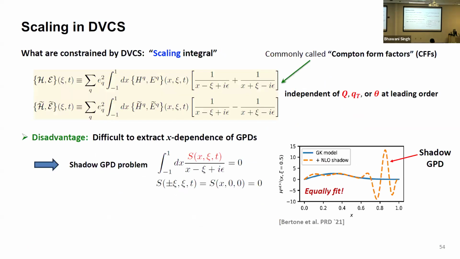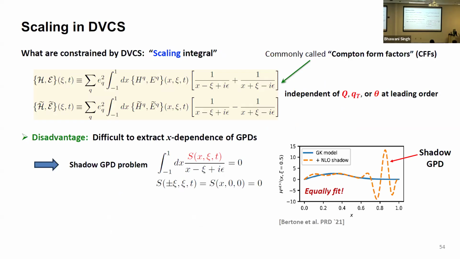But on the other hand, that means it's very difficult to extract the GPDs because they only enter through these kinds of convolutions, with no other external handles from the Q, QT, or theta. So it's very difficult to extract the x dependence of GPDs.